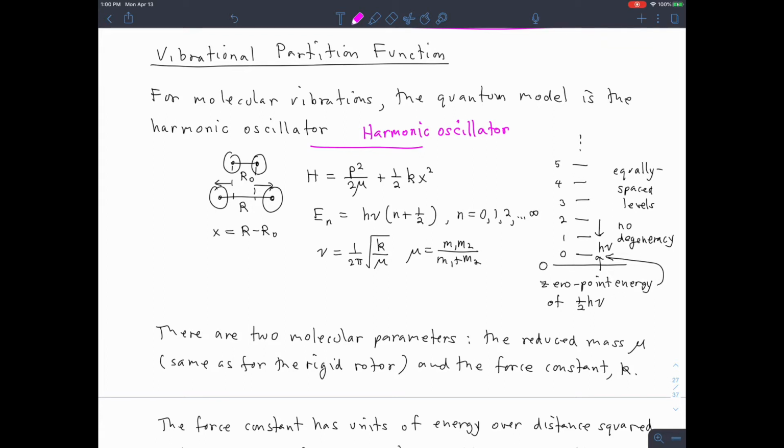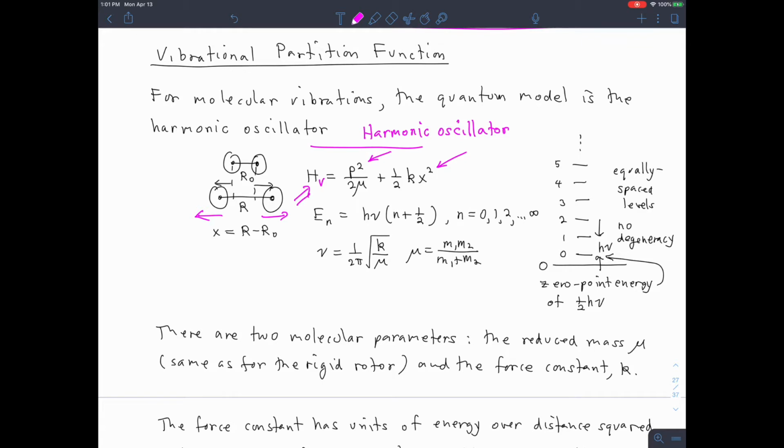In the harmonic oscillator approximation, our vibrational Hamiltonian has a kinetic energy part and a spatial potential part. And that spatial potential represents the energy of stretching.